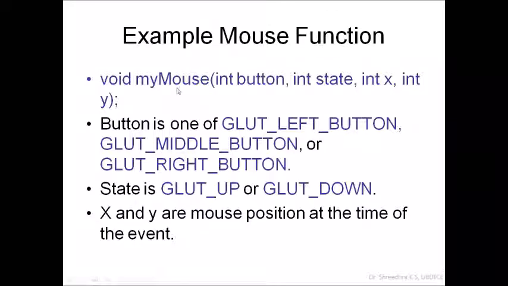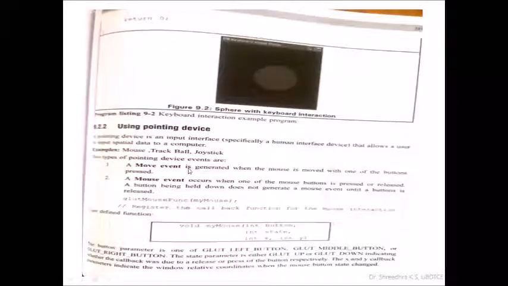So this is the complete mouse function scenario in your program. Now we'll try to catch this through a program. The mouse event acts as a pointing device. The mouse event occurs when the mouse is moved with one of the buttons pressed, or when one of the mouse buttons is pressed or released.